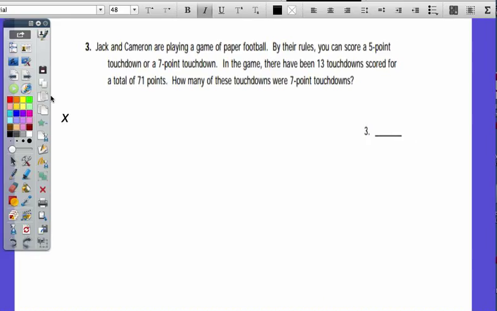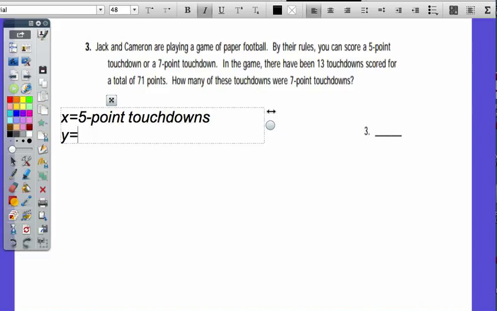So I'm going to let X equal, we have two kinds of touchdowns. I'm going to let X equal the 5-point touchdowns. I'm going to let Y equal the 7-point touchdowns.